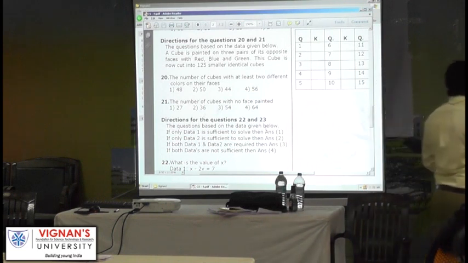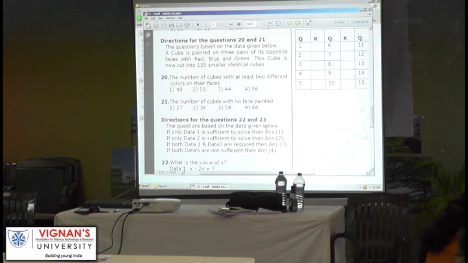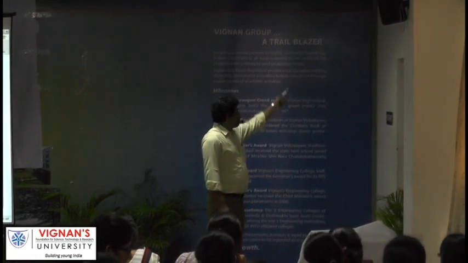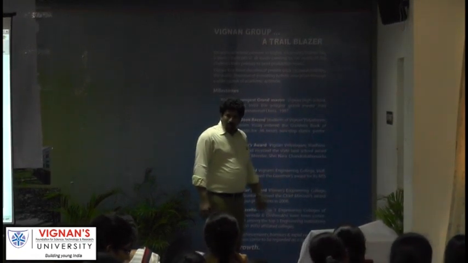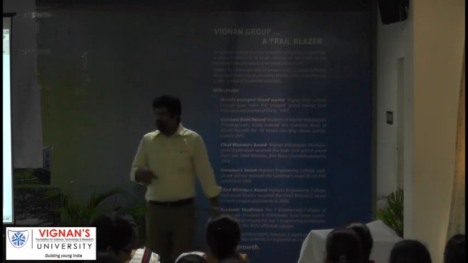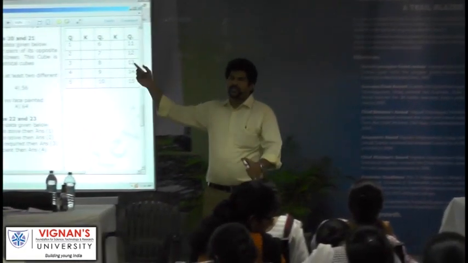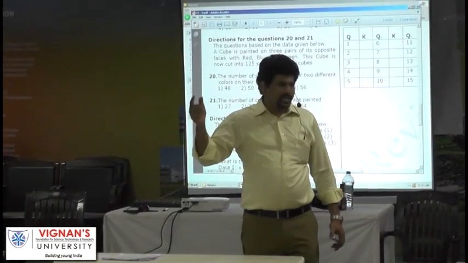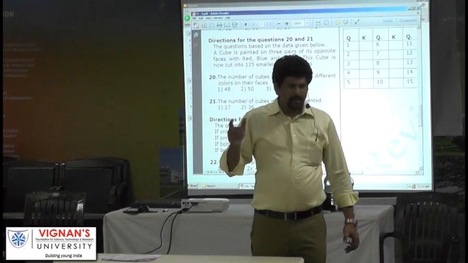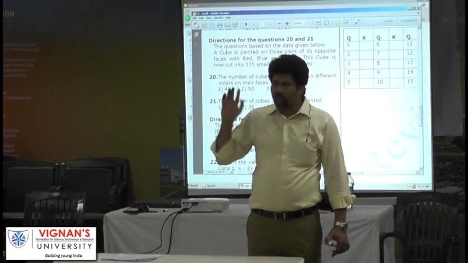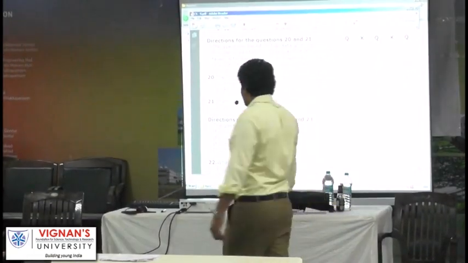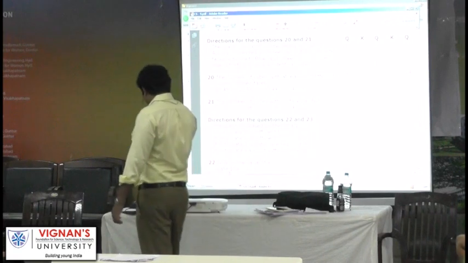See here, in this edge, that corner one is 3 surfaces painted. This corner one is 3 surfaces painted. Out of 5 cubes, top one and bottom one we are excluding. In between how many are there? 3. Like that there are 12 such edges. 12 threes are 36. 36 plus corner cubes, 8. 36 plus 8 is 44. So at least 2 surfaces painted, you have 44.